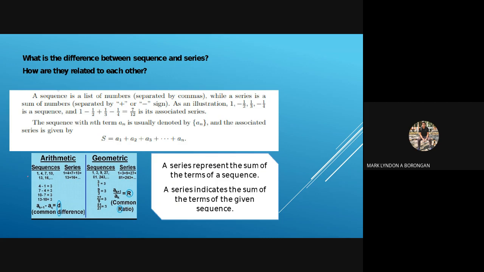Let's take a look at this example: 1, 4, 7, 10. As you can see, in order to determine if there is a pattern or not, let us first try to subtract. We subtract the first value from the second value.